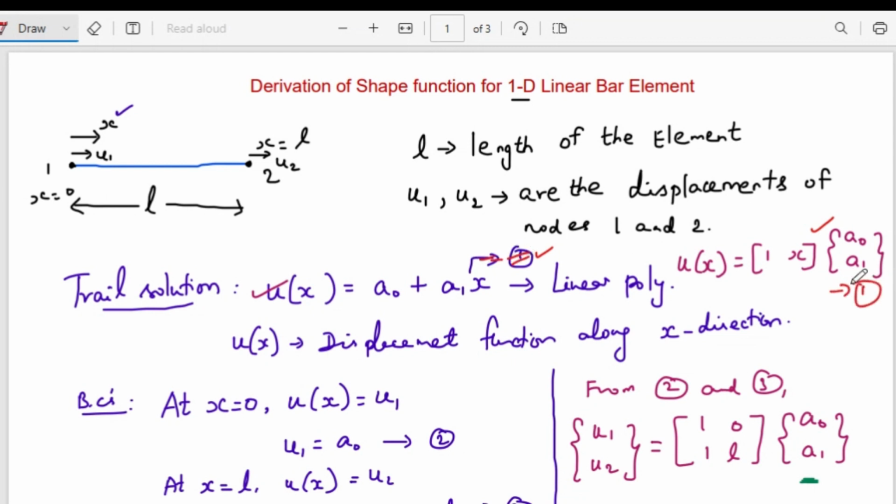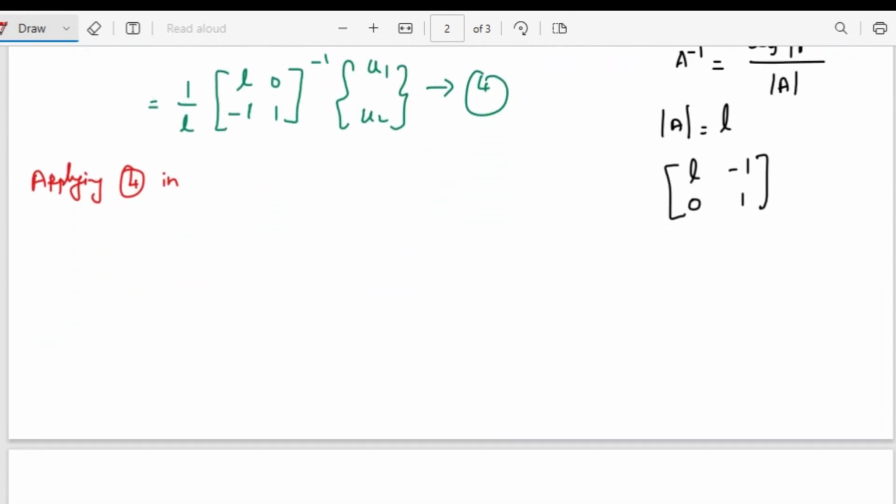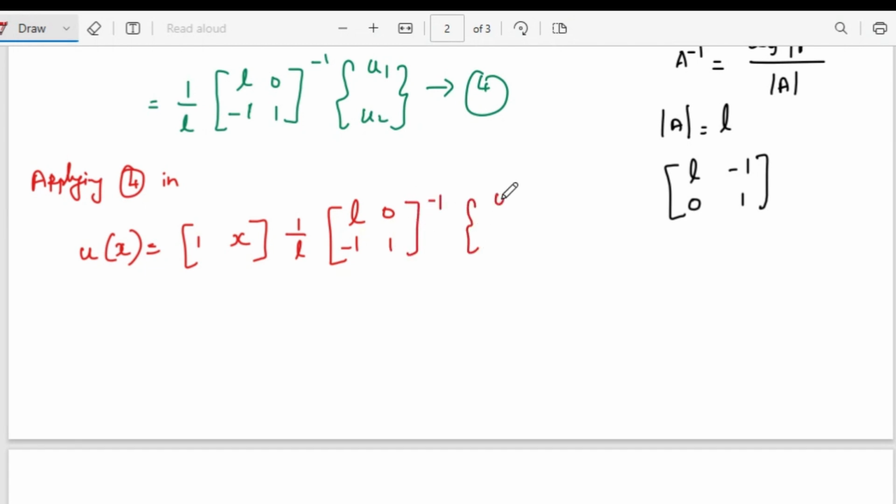This is going to be our equation 1. So applying equation 4 in 1, we have u of x is equal to 1 x into a naught a1. Instead of a naught a1, I'm going to use this. So that is u of x equals 1 x into 1 by L into L 0 minus 1 1, whole inverse, u1 u2.